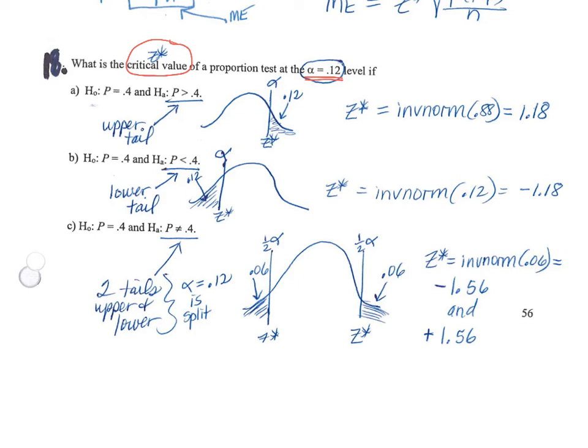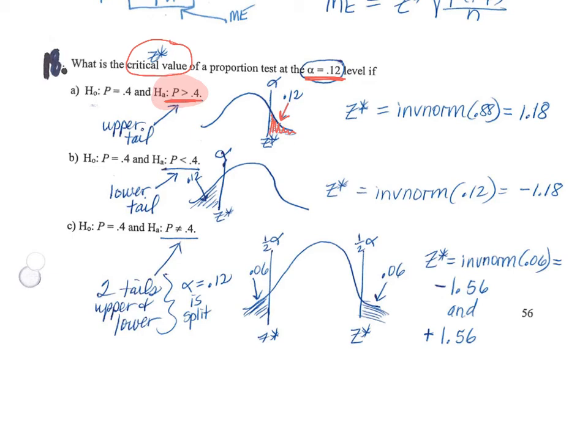That is the size of your rejection region. Okay. So then, after assessing that, to do part A, you must look at the alternative. This alternative is a one-tail upper tail. Therefore, the entire alpha is located in the top tail.